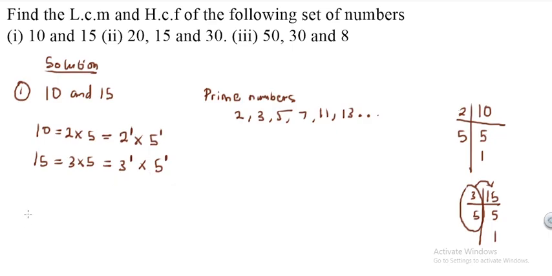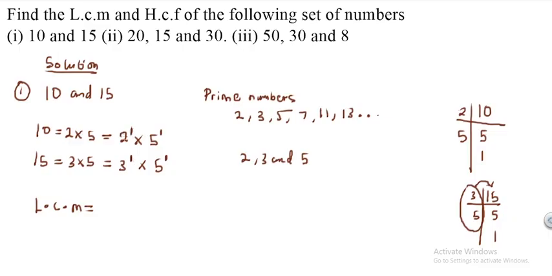Now from this point, for me to get my LCM, one of the first things I will do is pick out the prime numbers that are available here. So the prime numbers that I have for the two numbers are 2, 3, and 5. For me to get my LCM, I'll search for the 2 that has the highest power on both 10 and 15.